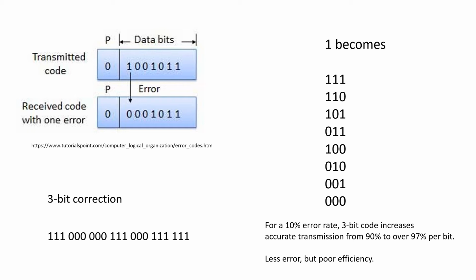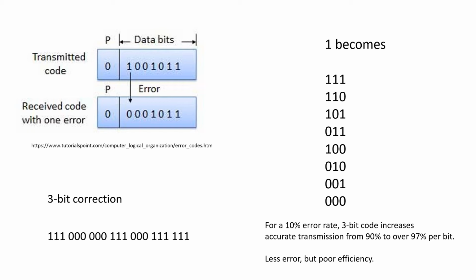Now how can that help? Well, let's again think about that first bit, the 1 that I want to send you. If I know that I want to send you a 1, I'm going to send you 111. So what can happen to that message? Well, that 111 could come to you as intended as 111.